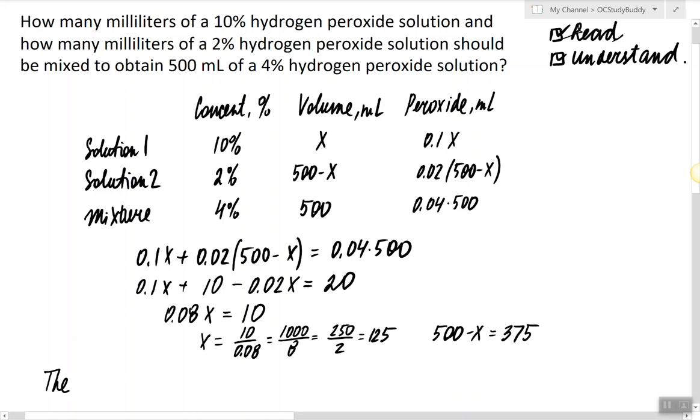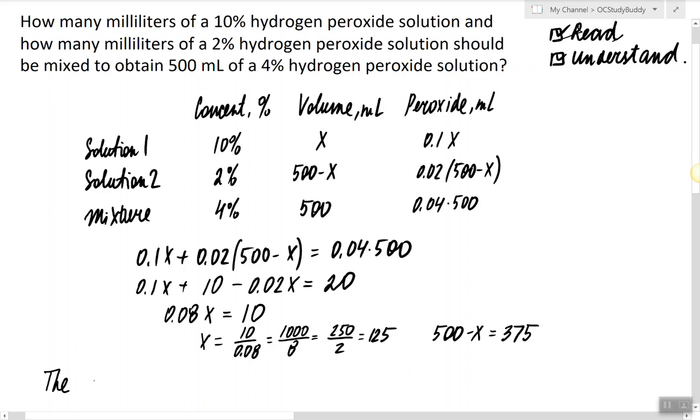Therefore, the answer is, we always have to make sure that we answer the question that was asked and in the way that it was asked. That is, if it was asked in a complete sentence, we would also like to answer it in a complete sentence. So the question was, how many milliliters of each solution should be mixed?